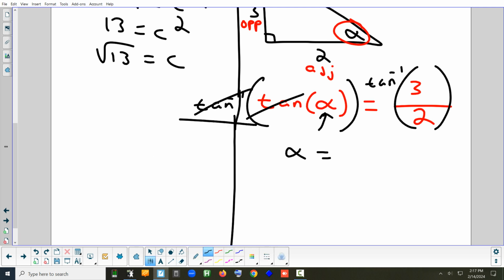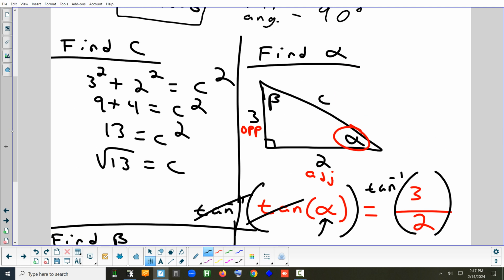Okay, so now, find beta. We have to be careful when we find beta. We are no longer using alpha as our reference point. It's like we're shifting and now we're walking to another spot in the triangle. What does that mean we need to do?